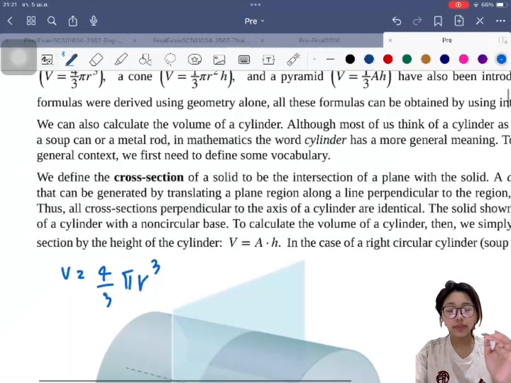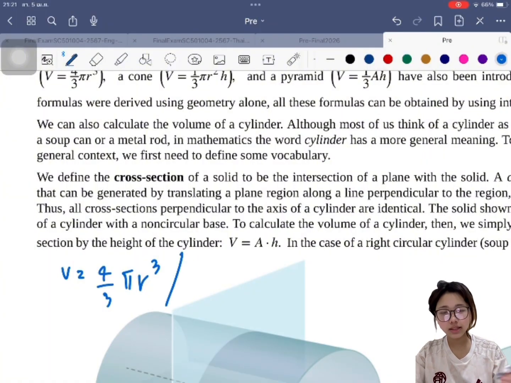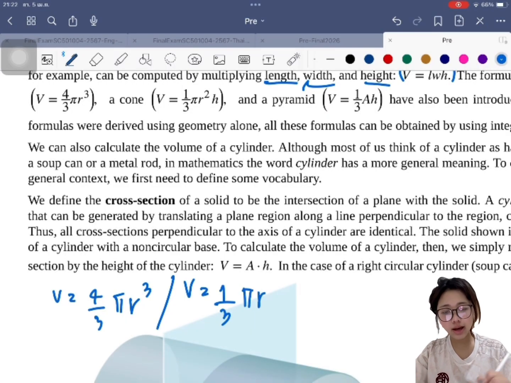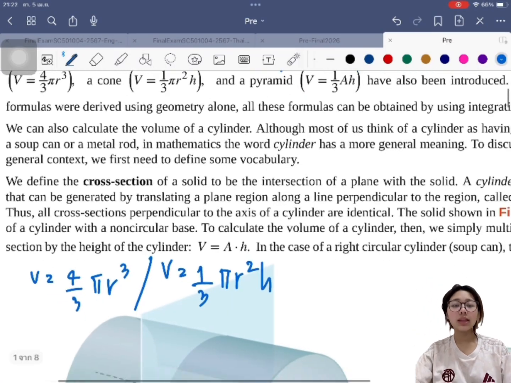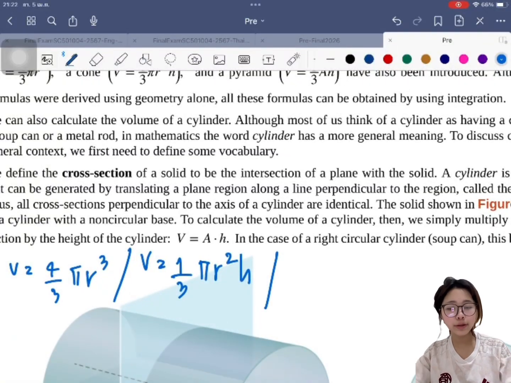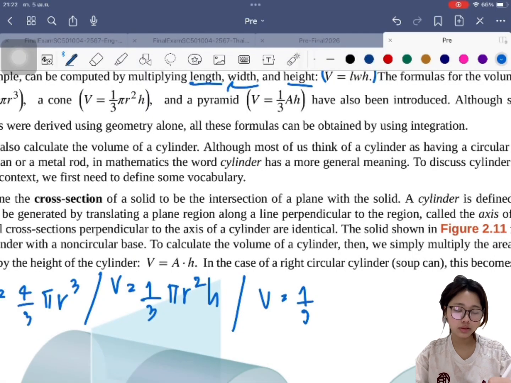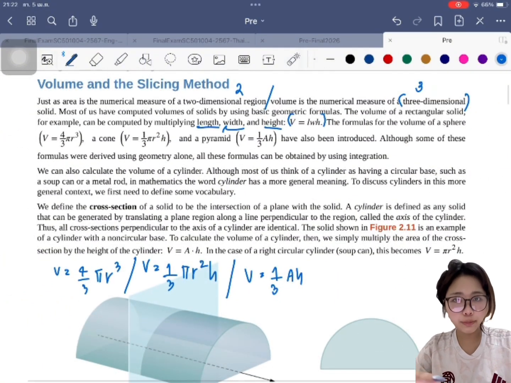Yes, and another important formula is V equals pi r squared h, and the last formula is very important too. These are three important formulas.